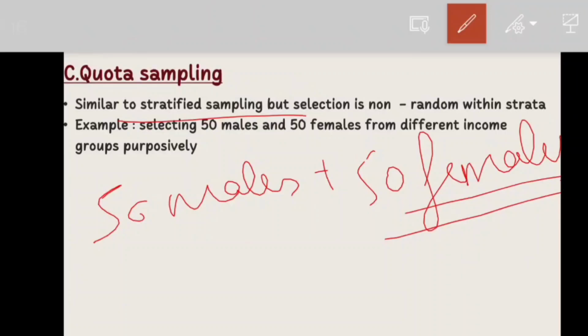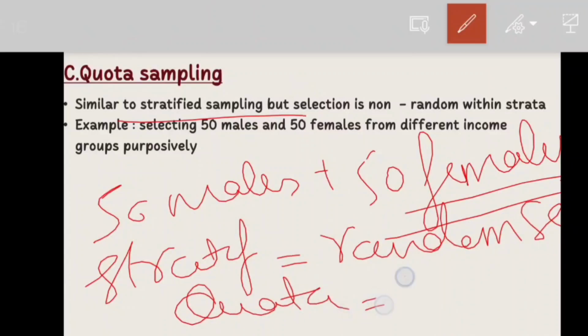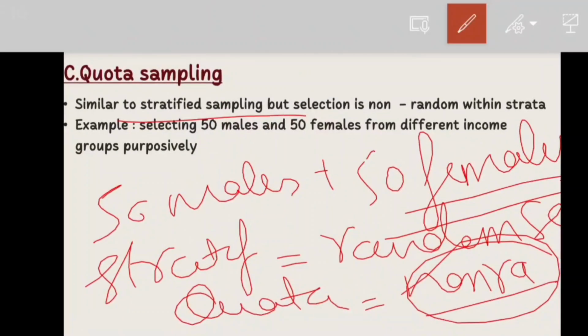We select these participants purposely rather than randomly. So remember this comparison: in stratified it is random selection, and in quota sampling it is non-random selection. This is a very important exam point.